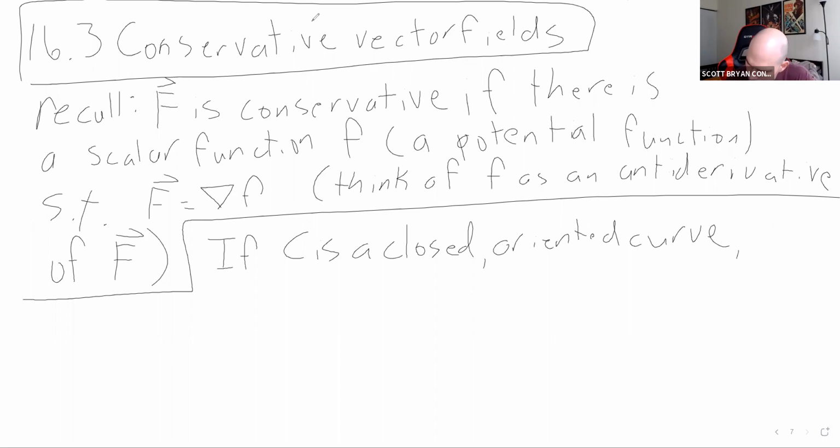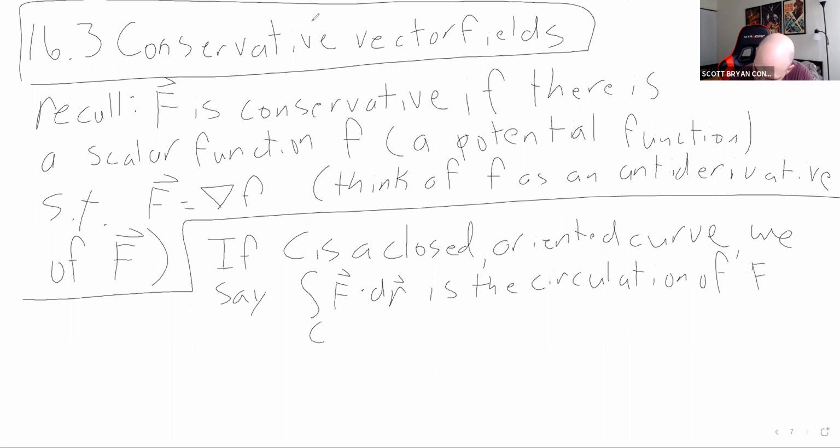So if it's a closed curve, we say the integral over a closed curve C is called the circulation. So it's the circulation of F around the closed curve C.